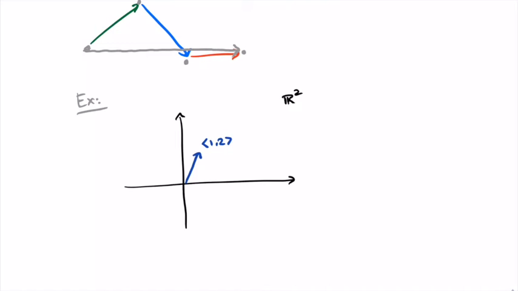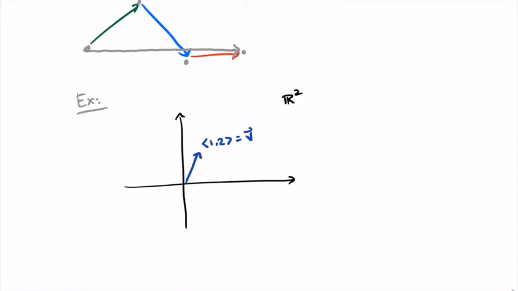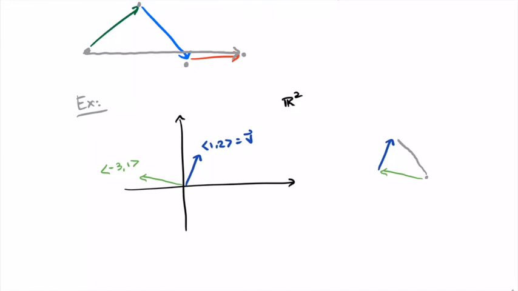I use this too much, we'll call it V. And let's have a second vector, green, in this direction, and we'll say that this is -3, 1. So if I wanted to add them together, the resulting vector should look something like this.